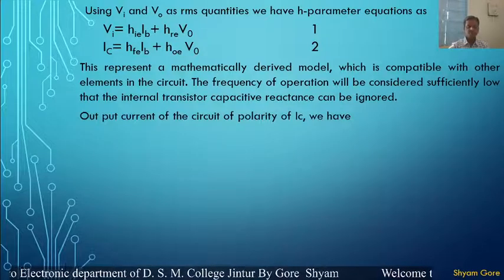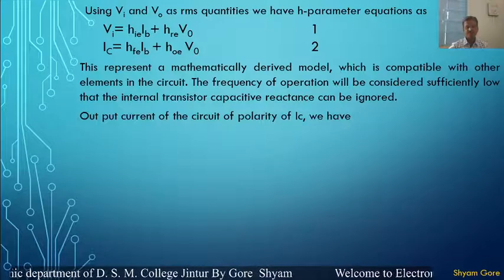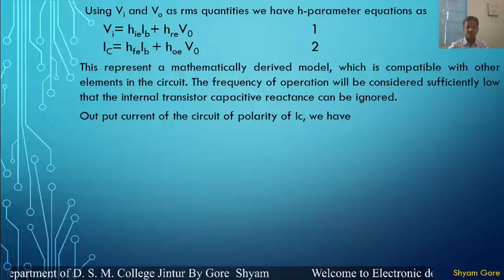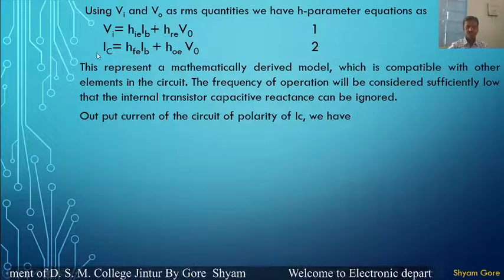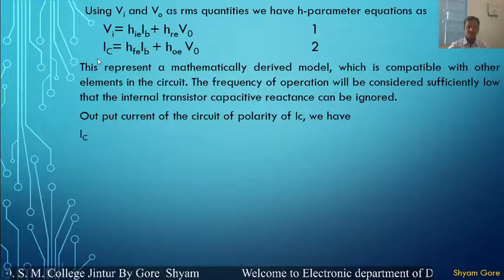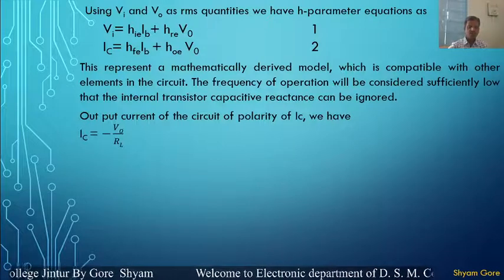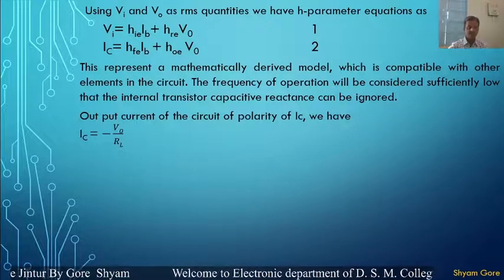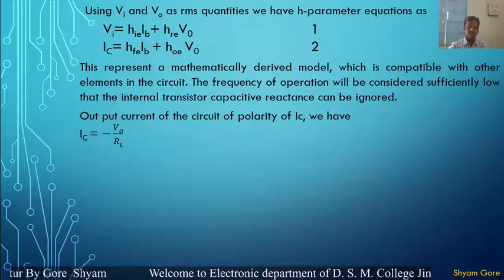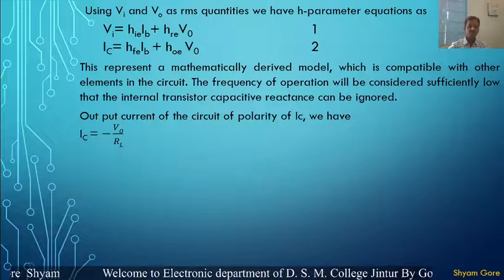In the circuit, the output current is represented by IC, which is equal to minus VO divided by RL. This is the output current flowing to the transistor.